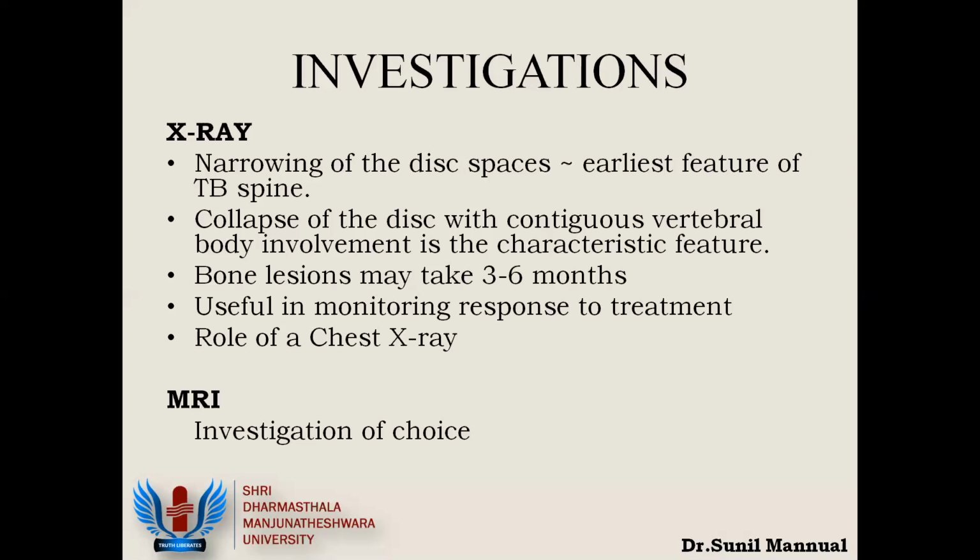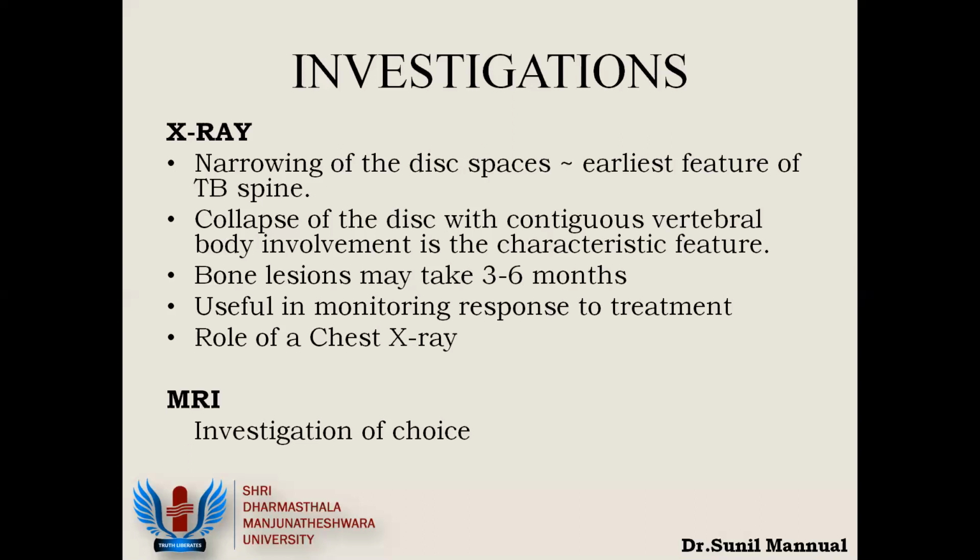That's called a skip lesion, but that's quite rare. And this is what I emphasized about bony lesions taking 3 to 6 months to appear on X-ray. But X-ray is very, very useful for monitoring response to therapy. Once you start treating the patient, you want to look for some signs. Those signs are very clearly visible on X-ray. I'll come to that later.